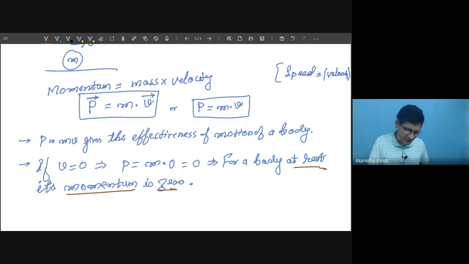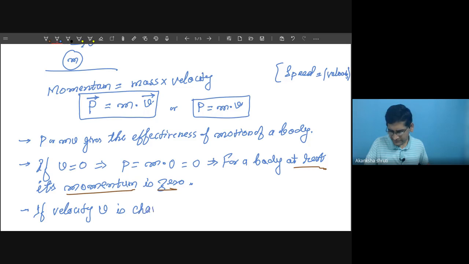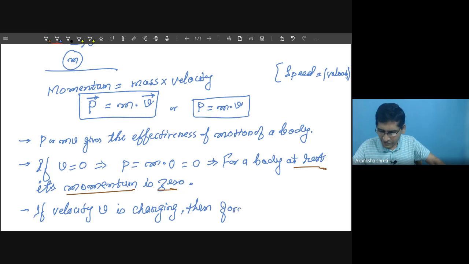If the speed is changing, that is, if velocity V is changing, then a certain force must be generated. Then force arises.